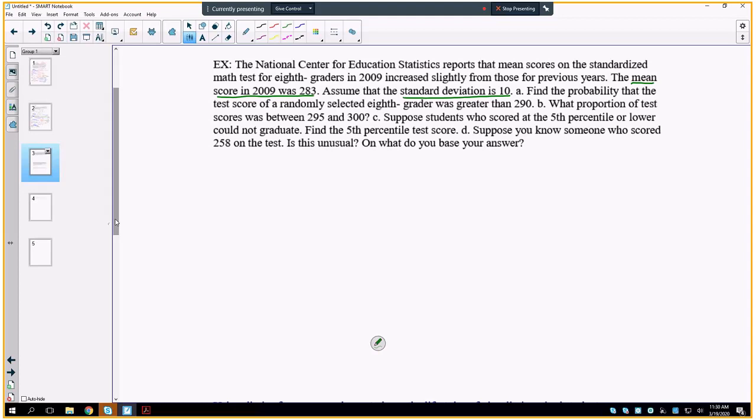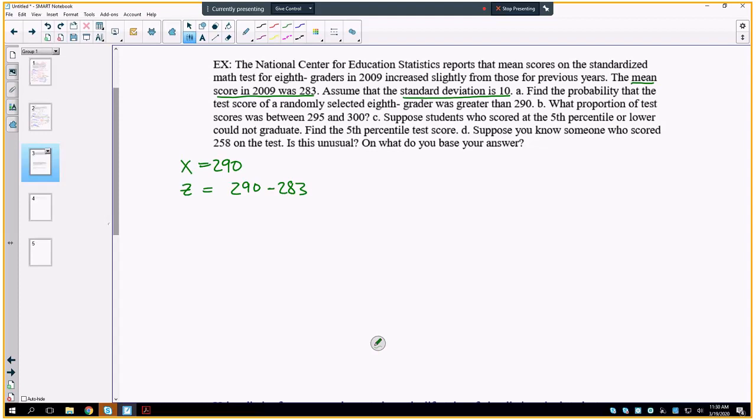So to find the probability using our table, we need a z-score. What we have is an x, so x is equal to 290. I want to find a corresponding z. Then z should be equal to x minus the mean. So we can think of that as how far away am I from the mean?